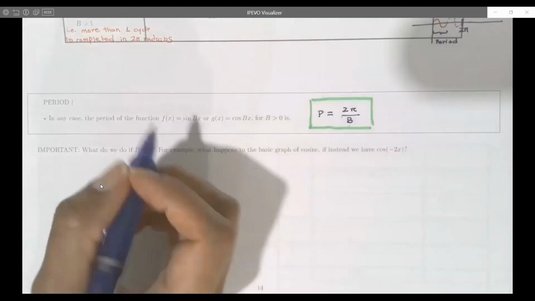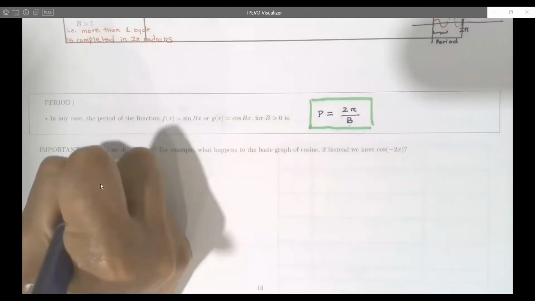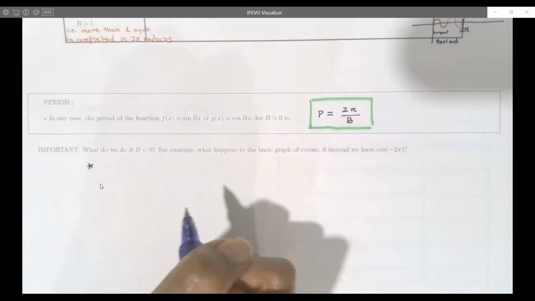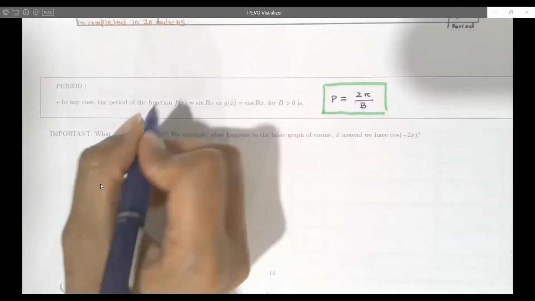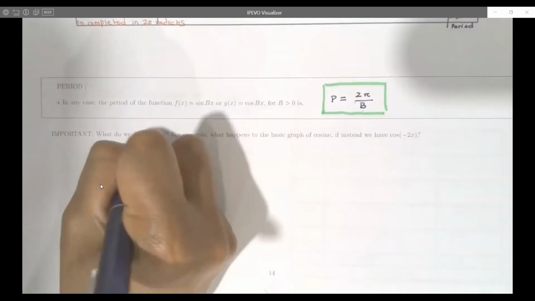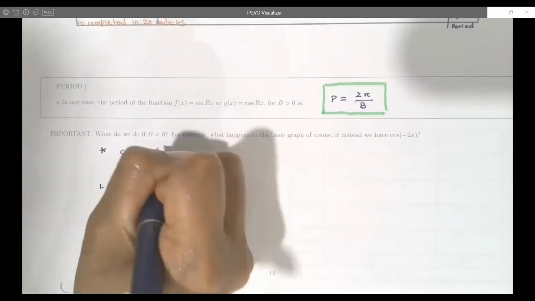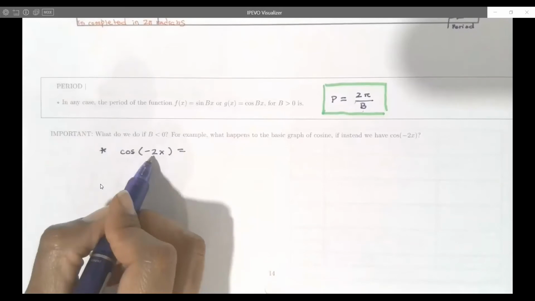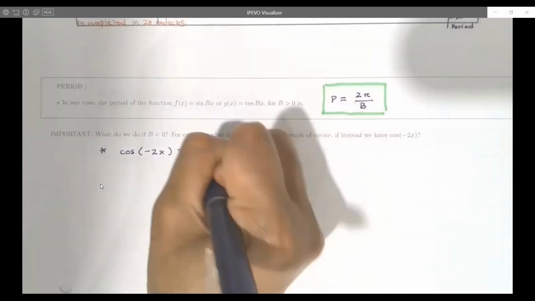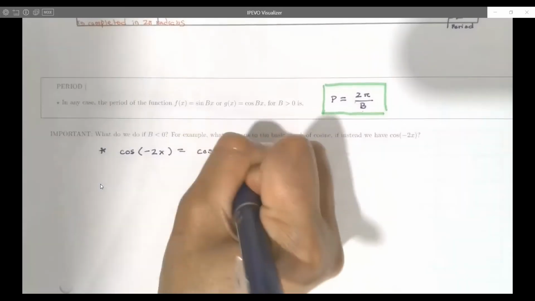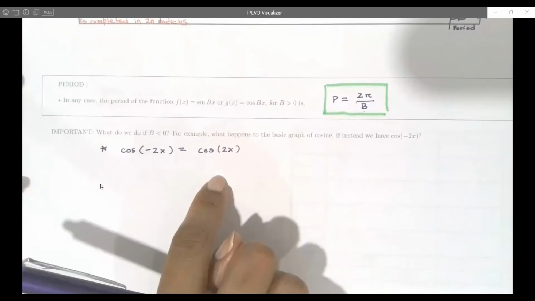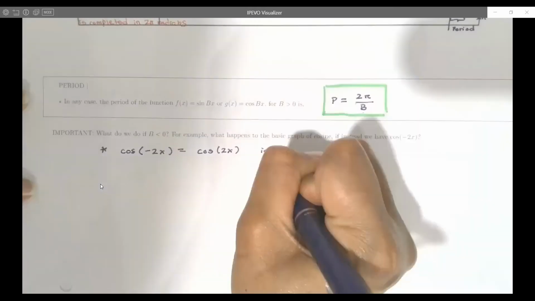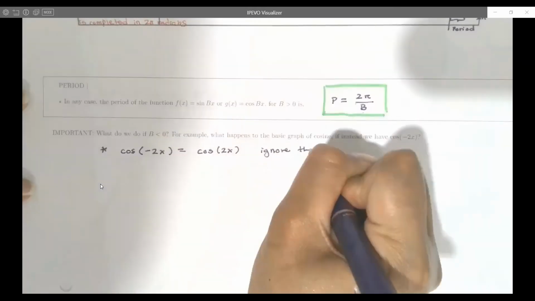I'll explain further why this is true later, but for now, whenever you have cosine of some negative number, like negative 2x, we always absorb the negative. Another way to think of it is you just ignore the negative. These two are going to be equal. So in the case of cosine, ignore the negative.